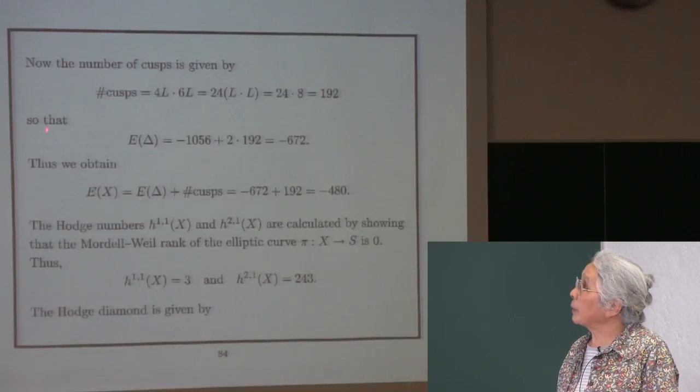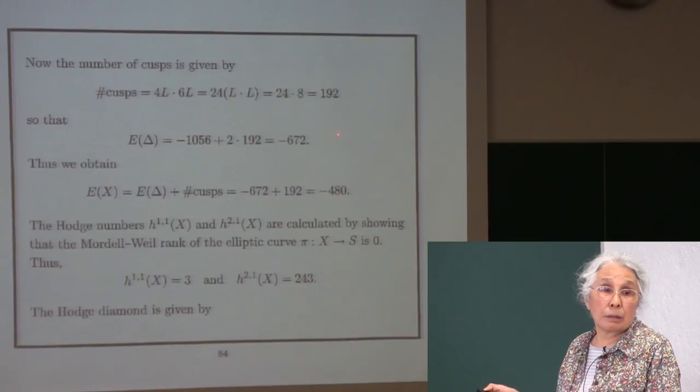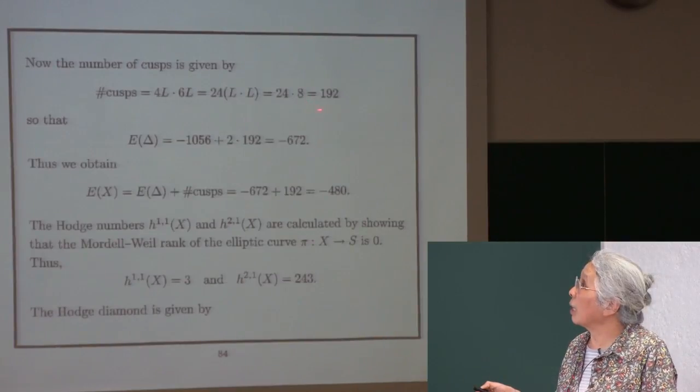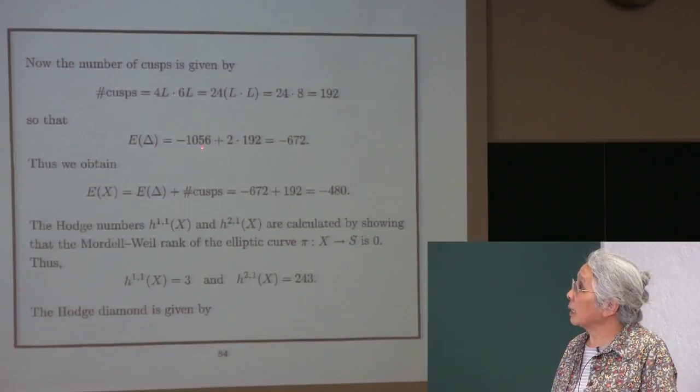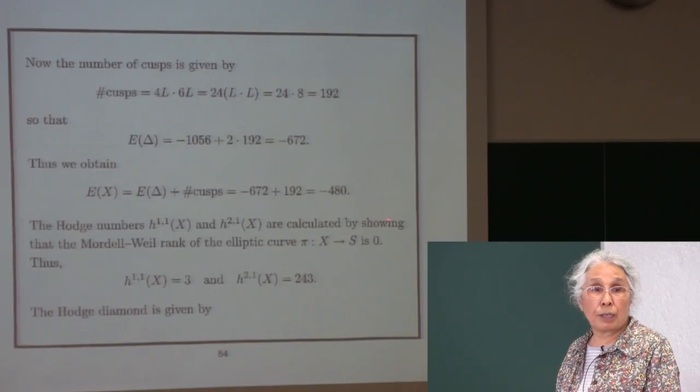And now the number of cusps is given by 4L times 6L, the intersection of these, which is 24 L times L. L was the line with self-intersection 8, so that's 192. So E of delta is this number, minus 672. Therefore, if you do this, you get minus 480.